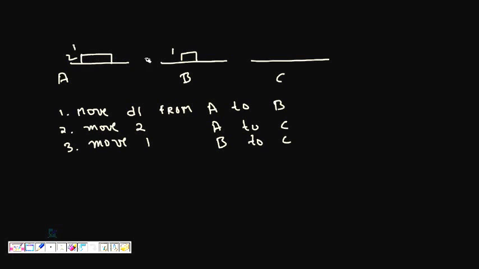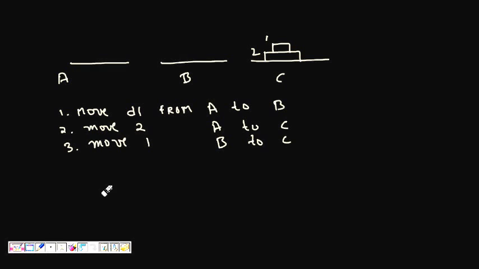Then I moved 2 from here to C, so 2 comes here. And then I move 1 from B to C, so it comes here and this becomes empty. So this is the thing.